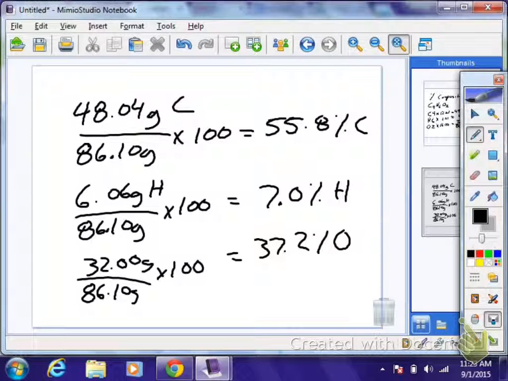So we change the percentage to grams, and guess what we do next? We change grams to moles, and we do that by dividing by their weights: 12, 1, 16. Once we get moles, like you did on your assignment, we get these odd numbers of moles that are not whole numbers.